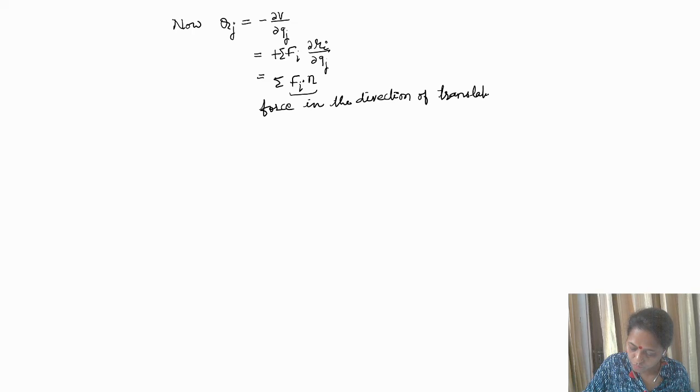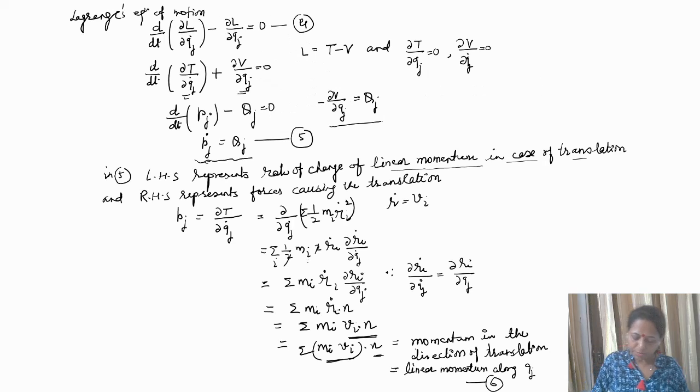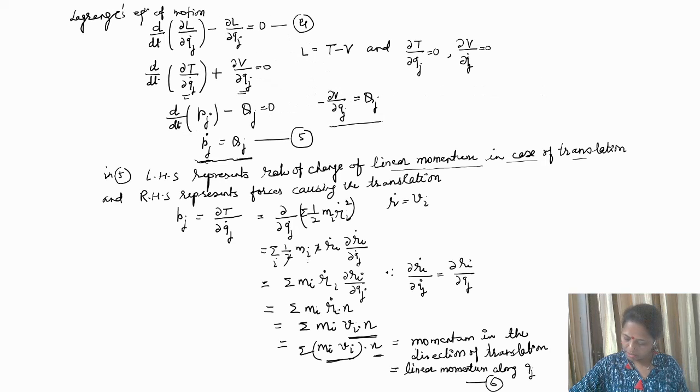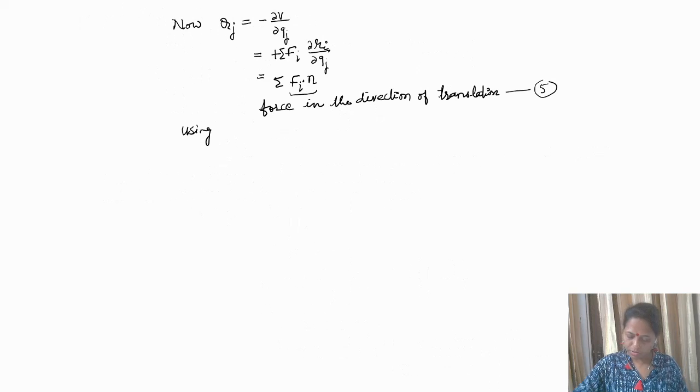So both of our purposes have been solved. In this expression, this is representing force in the direction of translation, and this is representing rate of change of linear momentum. So what is next? Using, I think it will be 6, 7. This is 7.